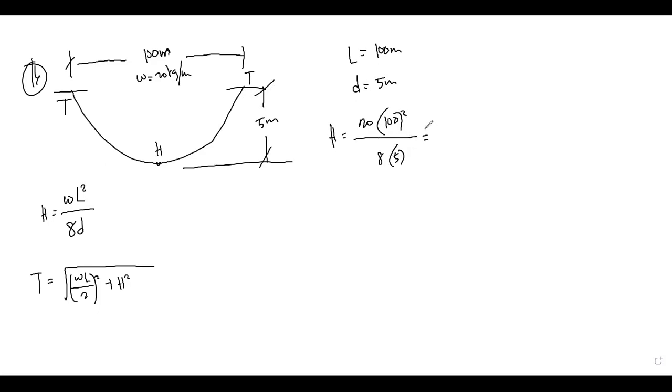So this gives us 5,000 kilograms. T, on the other hand, is equivalent to 20 multiplied by 100 divided by 2 and then square, plus 5,000 square.